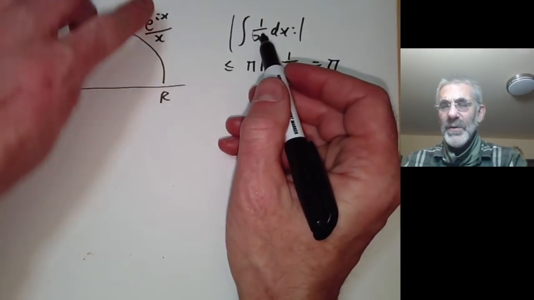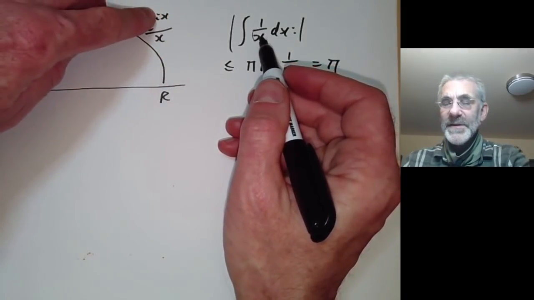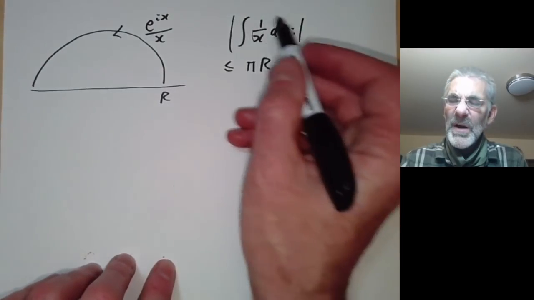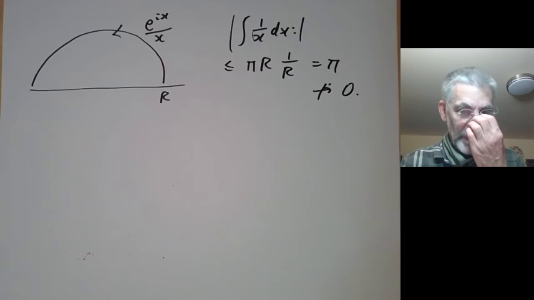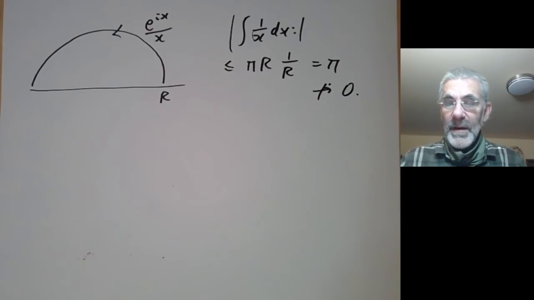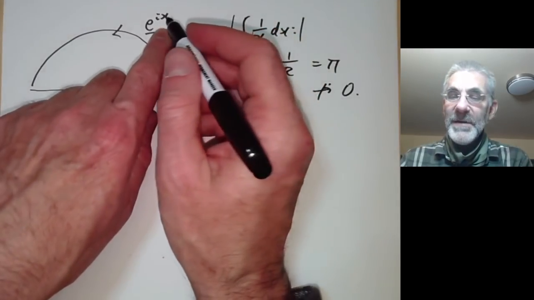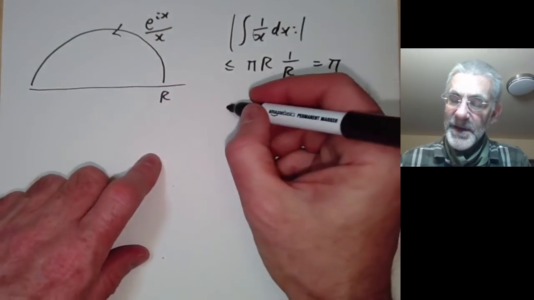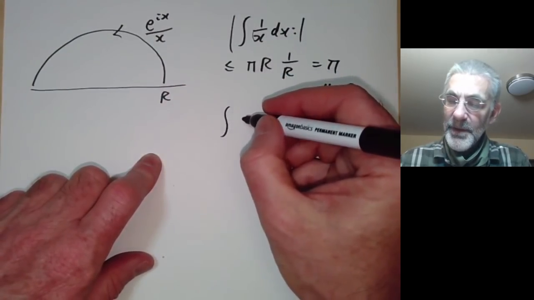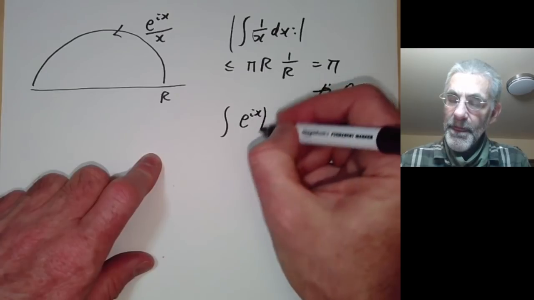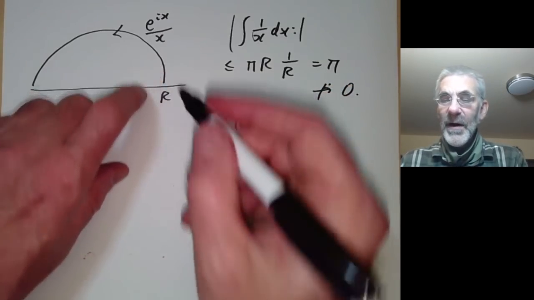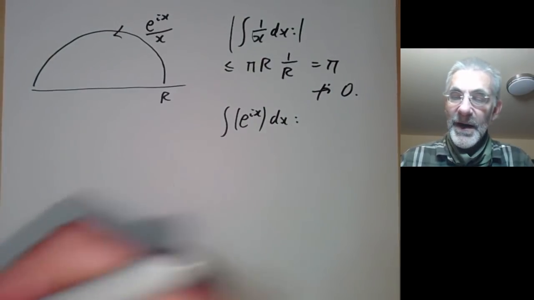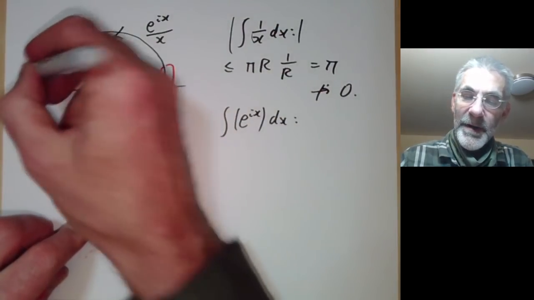So if we just say e to the ix is less than or equal to 1, our estimate isn't quite good enough. On the other hand, if we try and bound it by e to the ix, so the integral of e to the ix dx, well, this doesn't tend to 0 either, because e to the ix is about 1 here.